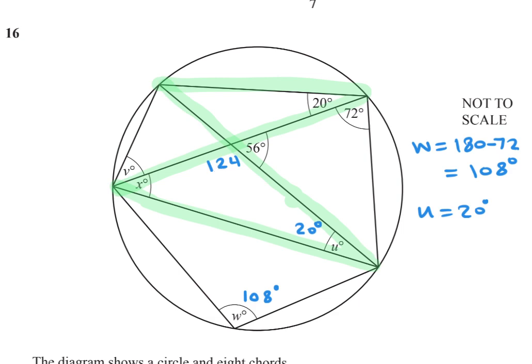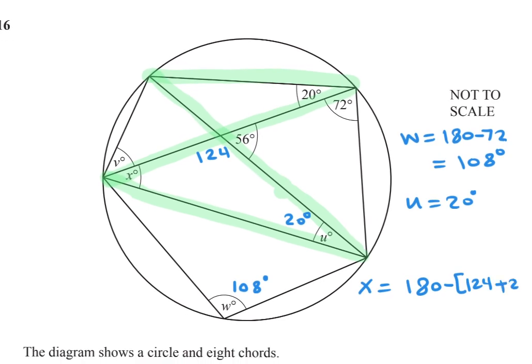Now this 124 and this 20, then you can find x. So x equals 180 minus the sum of 124 and 20, which equals 36. So x equals 36.